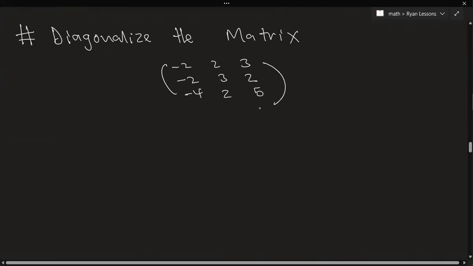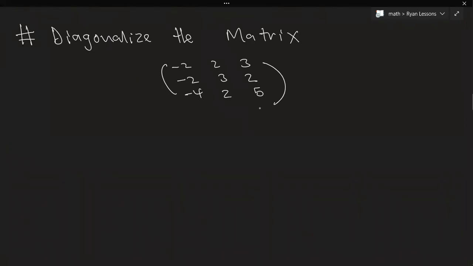Suppose you are given this matrix and you're asked to diagonalize it. How do you go about diagonalizing a matrix? This is what we want to learn now.